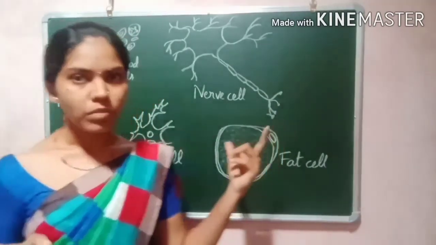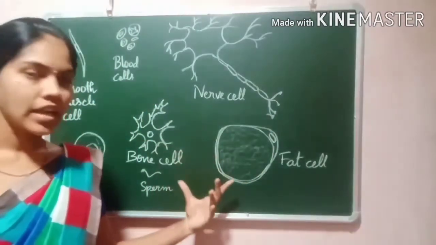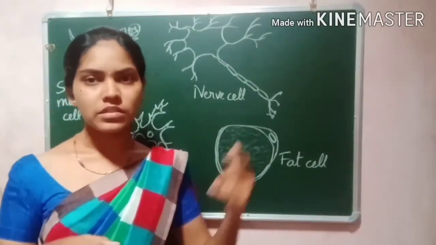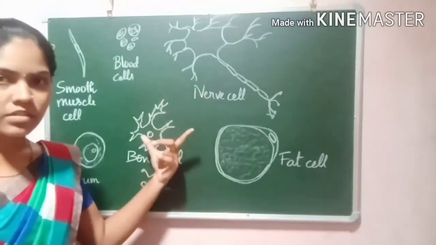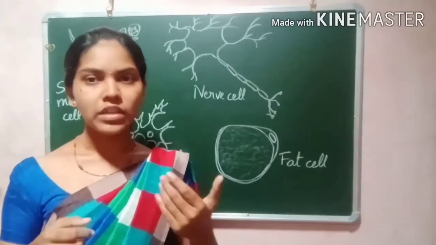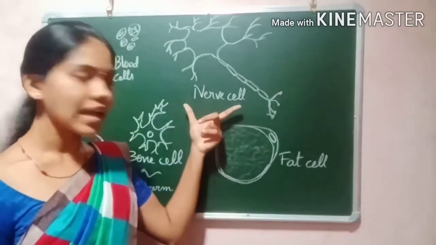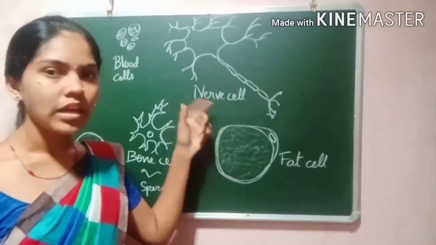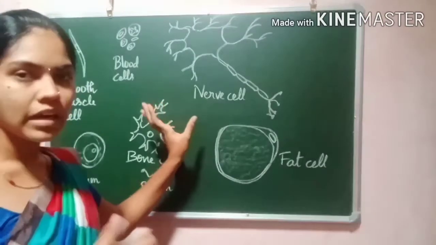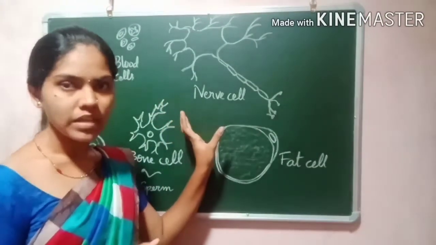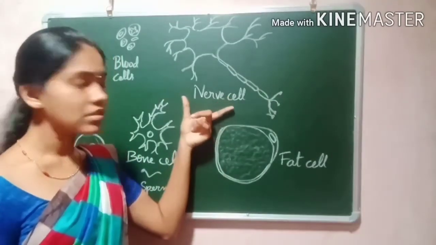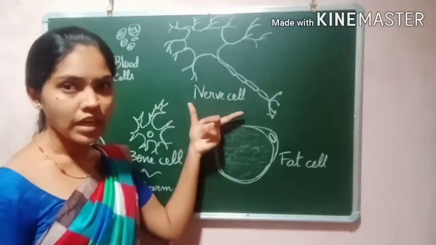But in the human body, we find various kinds of cells, and these various kinds of cells have fixed size and shape. The size of these different kinds of cells will more or less remain the same. There are no changes in the shape of these various kinds of cells.